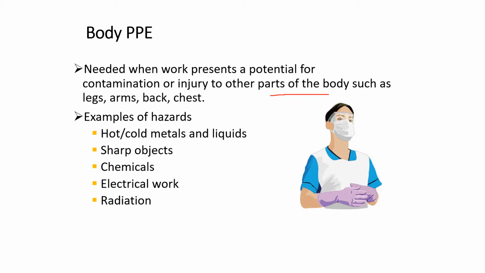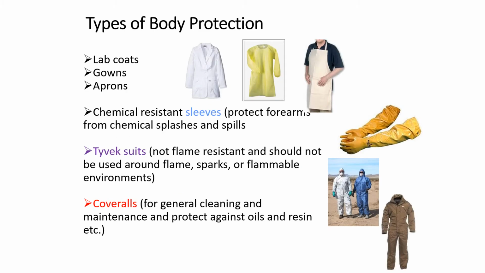Because you may face hot or cold metals, liquids, sharp objects, chemicals, radiation. All your body parts should be covered using certain PPE. Here you can see certain types of body protection, for example lab coats, gowns, and aprons.